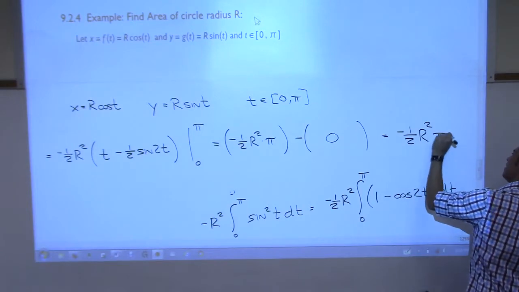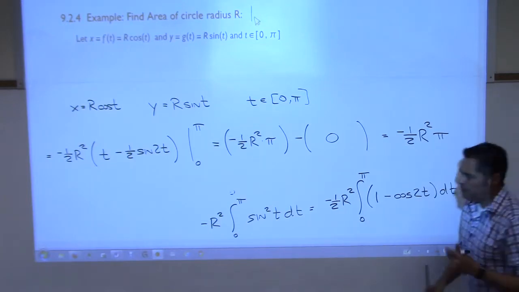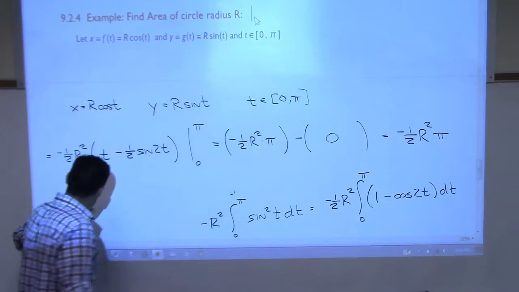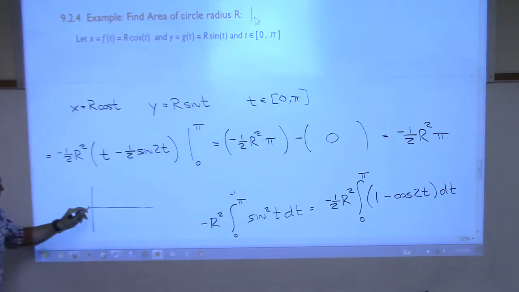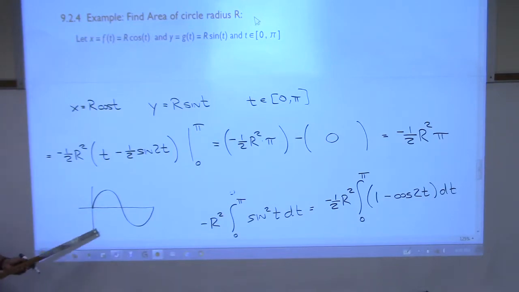Yeah, it's negative, right? And that might initially bother us. But we had negative areas before, when we first studied areas under curves. Do you remember when we did the sine curve? And we said that if you go from 0 to pi, you get 1. And it was weird.